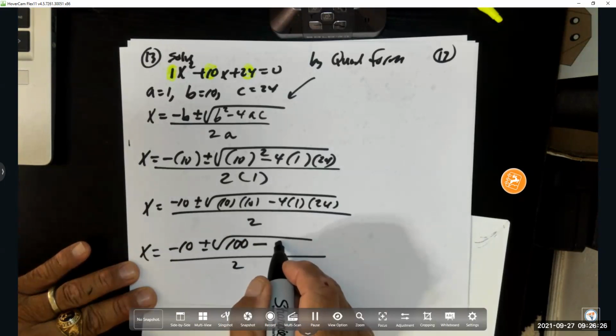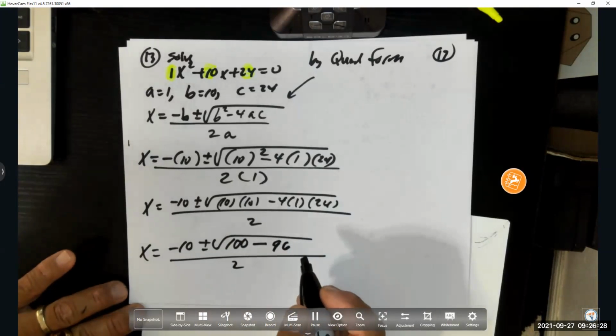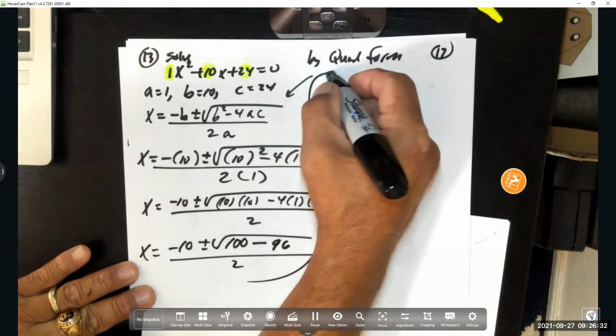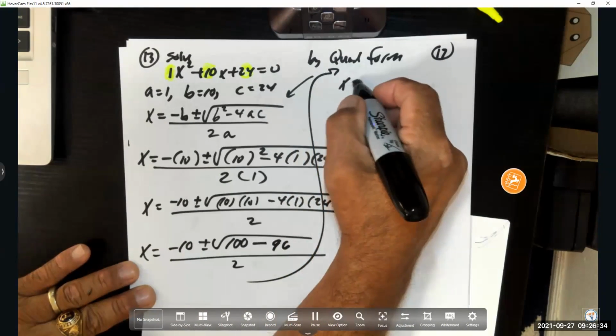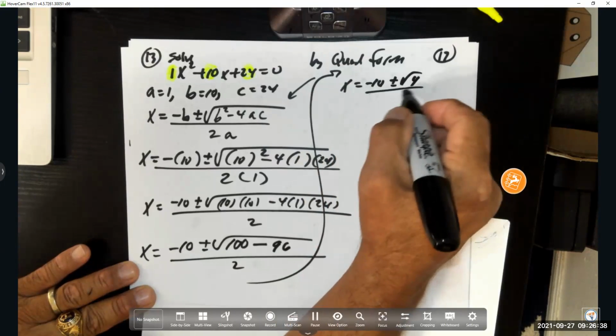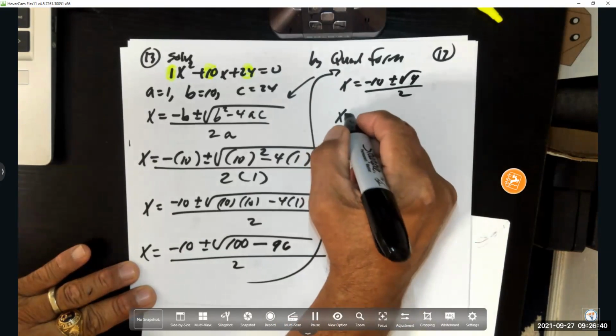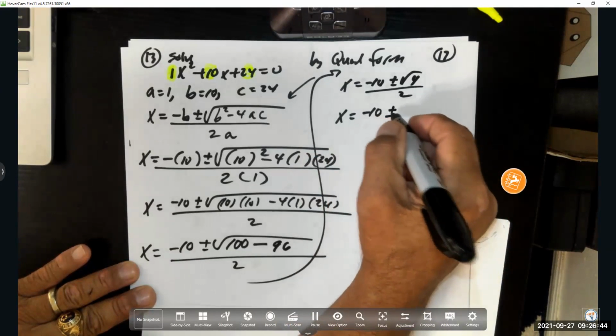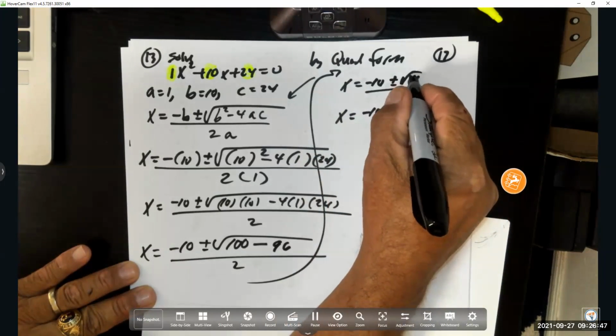Negative 96. Yes, 96. And that's right, that's right. And what's 100 minus 96? 4. And what is the square root of 4? What's the square root of 4?